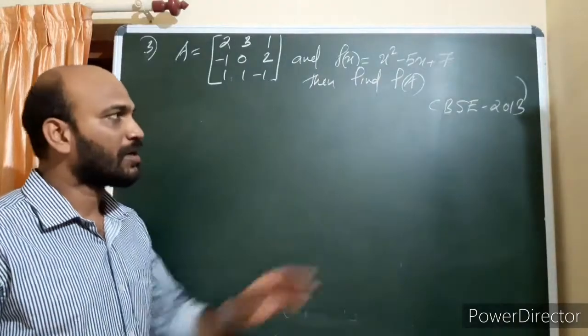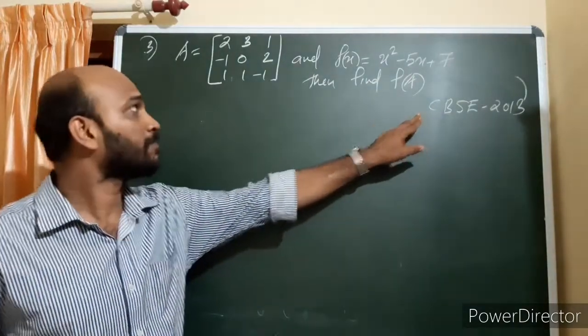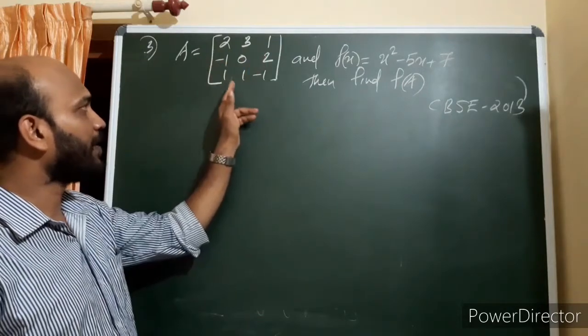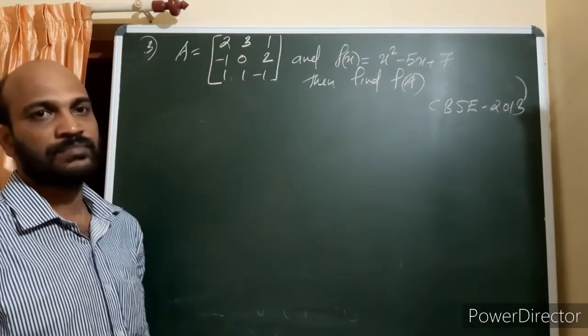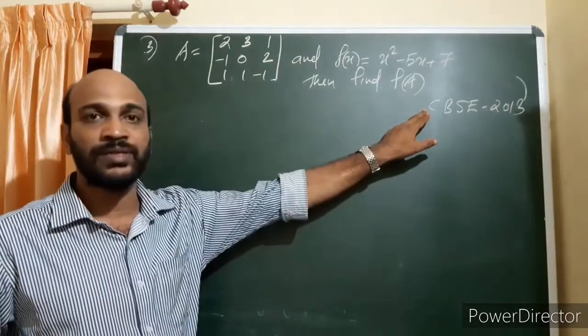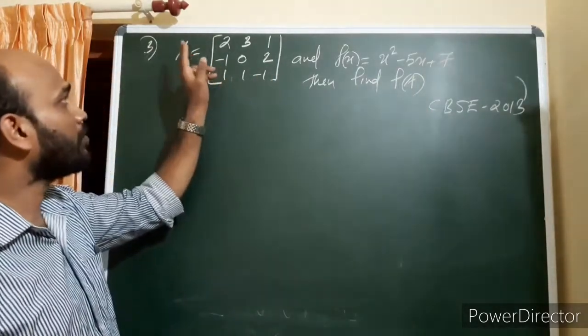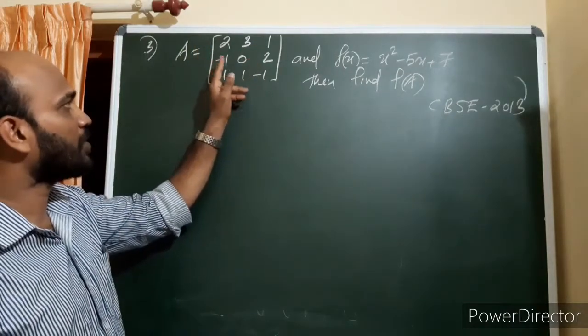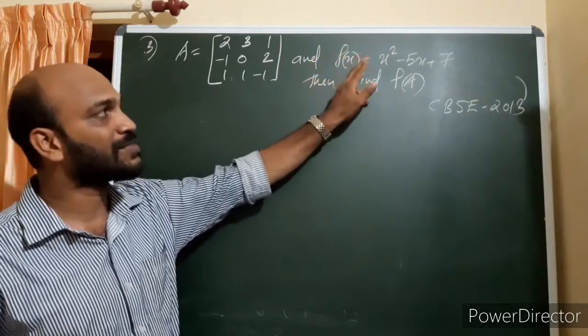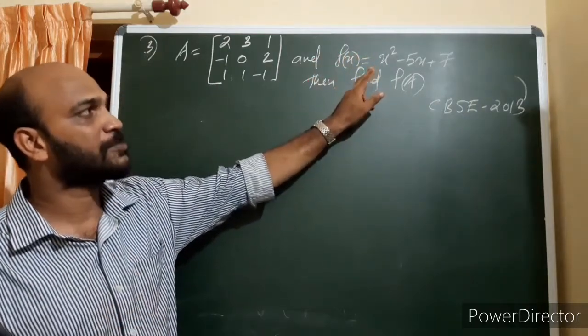Now, the third question, asked in CBSE 2013. A equals matrix [2, 3, 1; -1, 0, 2; 1, -1], and f of x is given as x square minus 5x plus 7.